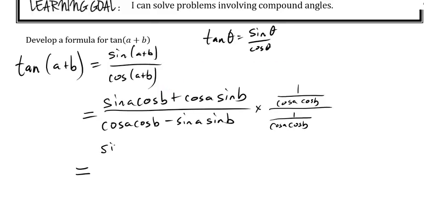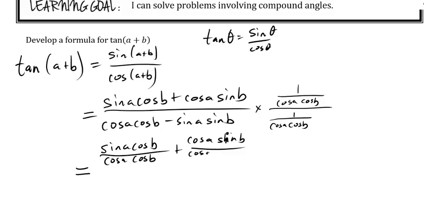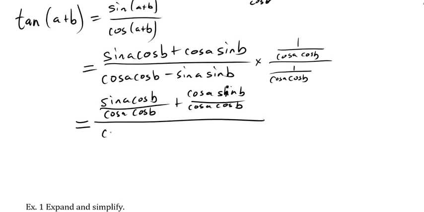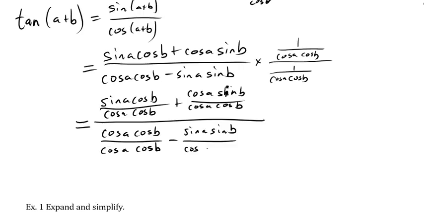So this is like sine A cos B over cos A cos B plus cos A sine B over cos A cos B, all over, there's my 1, cos A cos B over itself, minus sine A sine B over cos A cos B.